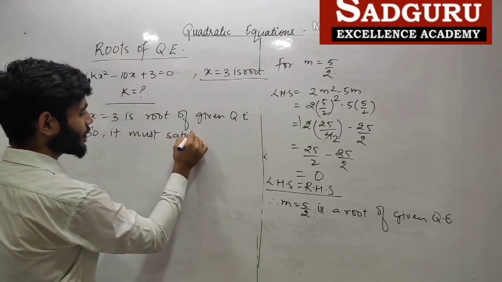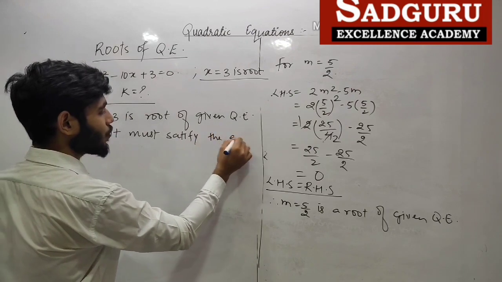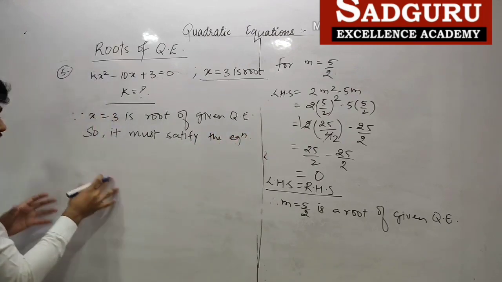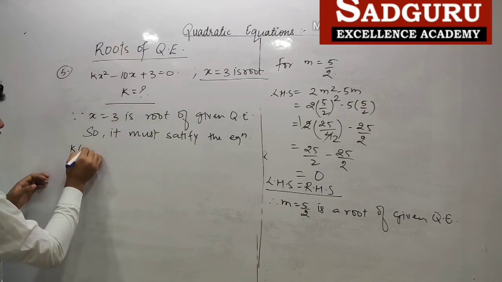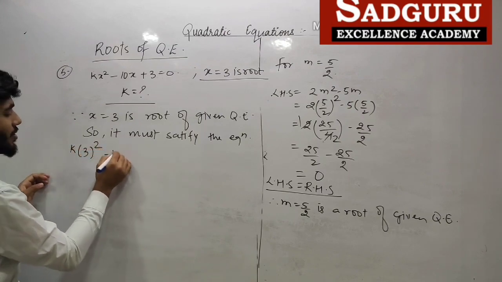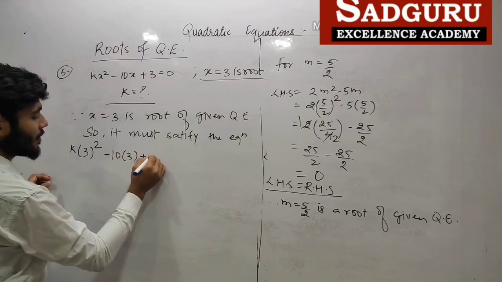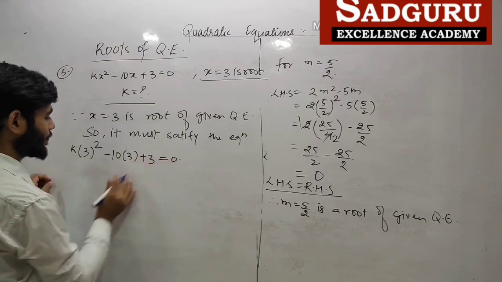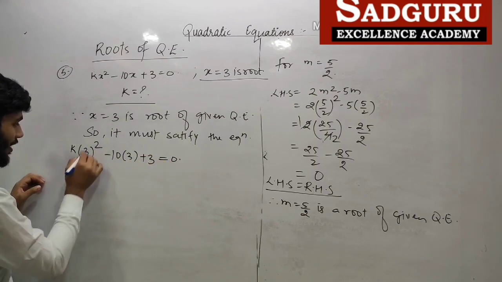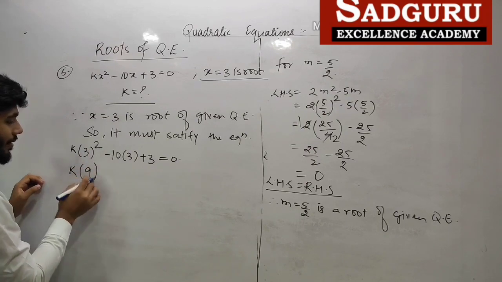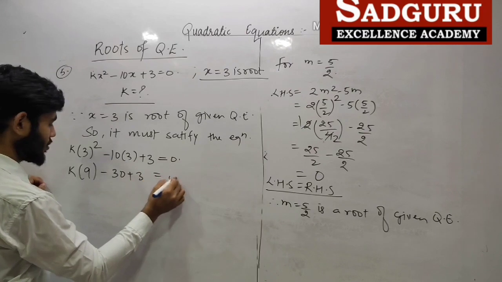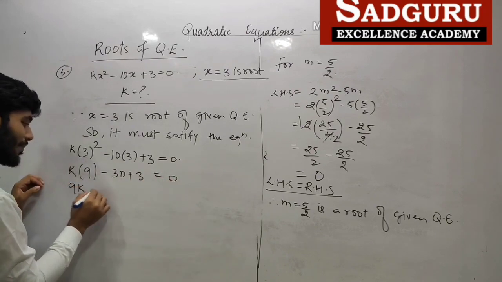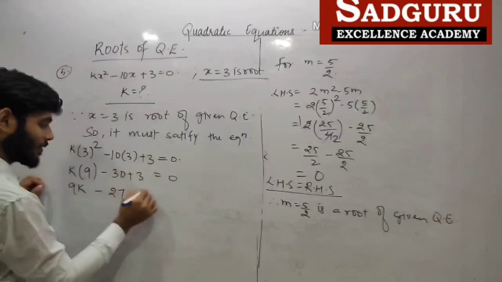So LHS must be equal to RHS. So k times 3 the whole square minus 10 times 3 plus 3 must be equal to 0. So 3 square becomes 9, 9k, and 30 plus 3 equals 0. So 9k minus 27 equals 0.